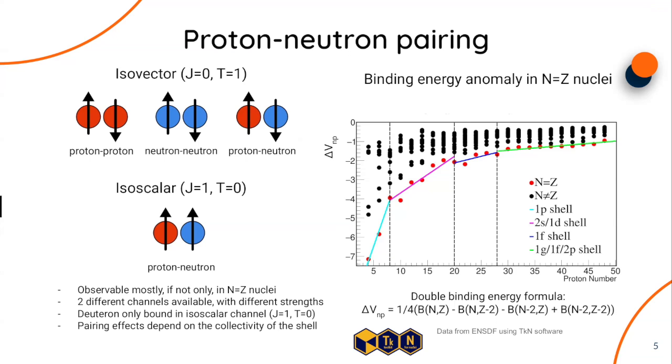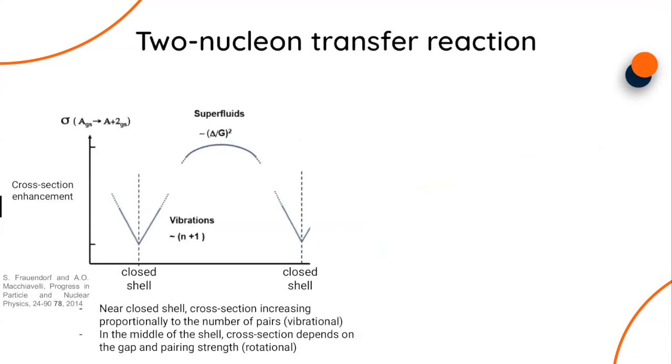So it shows the excess of binding energy coming from the addition or removal of a proton-neutron pair. And you can see that this value is systematically more important for N equals Z nuclei, shown here in red. So it's already giving us hints that maybe in these N equals Z nuclei, this proton-neutron pairing is playing an important role in explaining the binding energy of these nuclei.